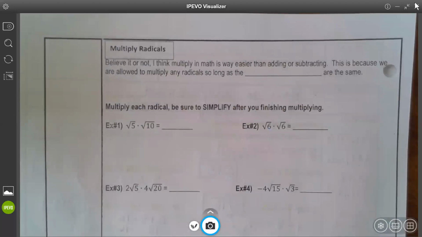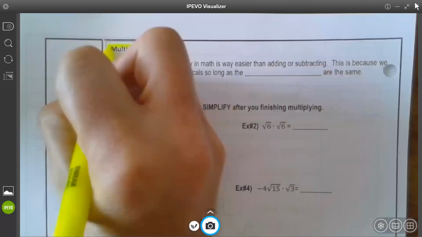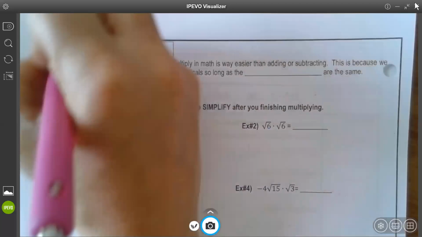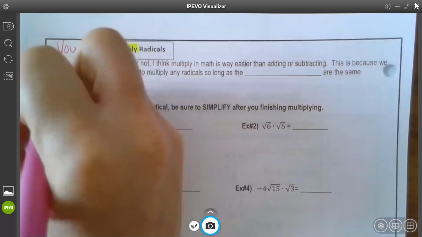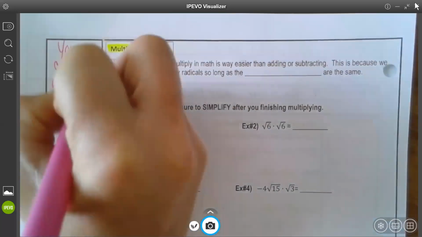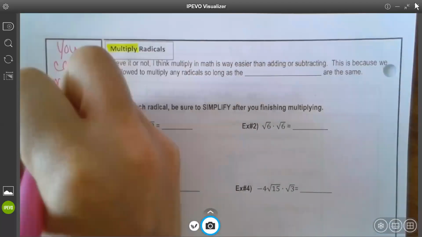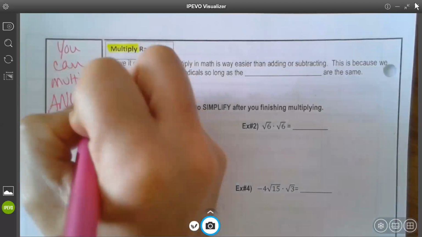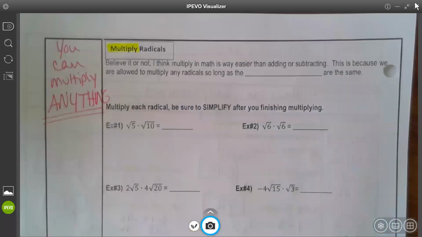Multiplying, on the other hand, multiplying is always so much easier than adding because you don't need the same things. You can multiply anything. That means that you don't have to convert stuff.